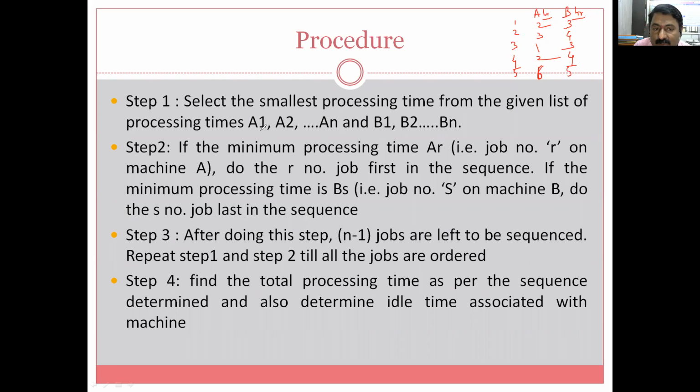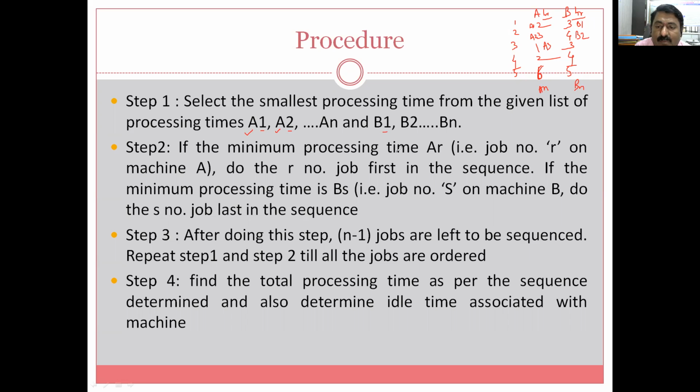This is job number 1 loaded on machine A, job number 2 loaded on machine A, so this is A1, A2, A3, up to An. B1 is job number 1 on machine B, so this is B1, B2, up to Bn, the nth job on machine B.